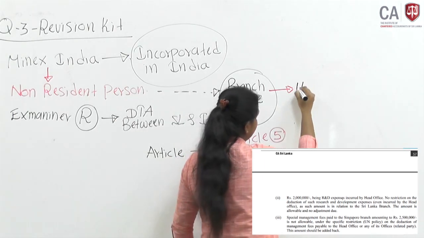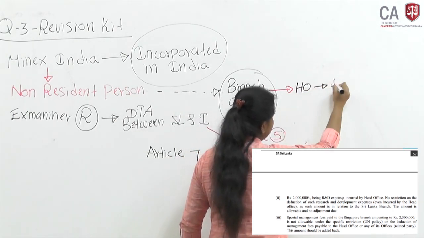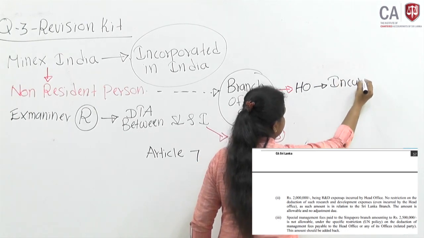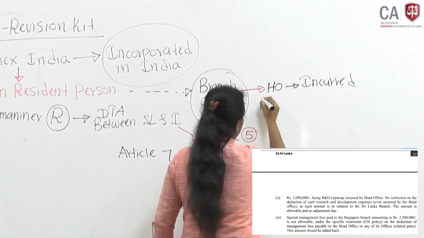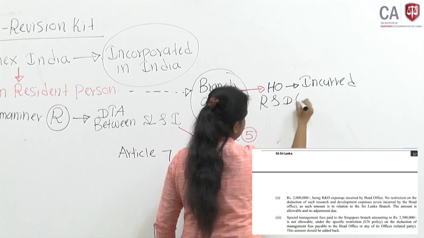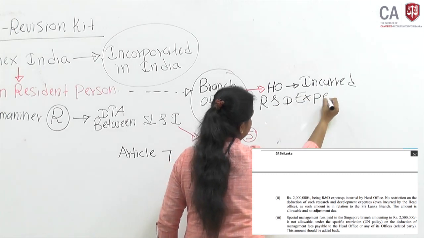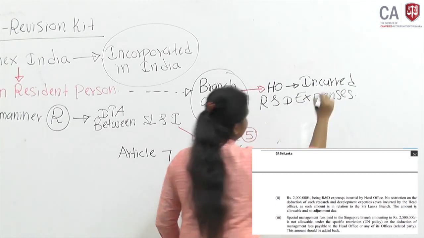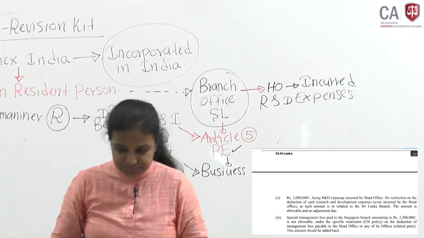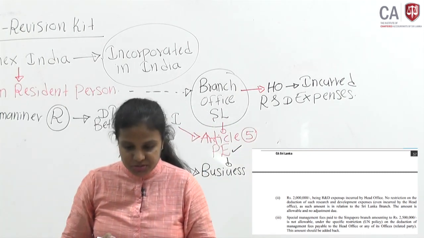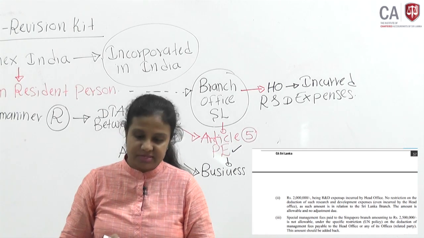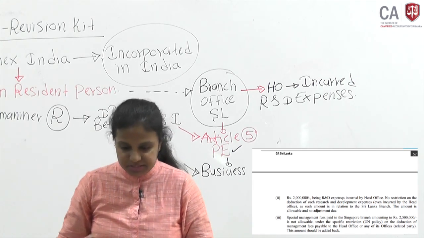Now, head office incurred R&D expenses. This is a transaction. Here, no restriction on the deduction of such research and development expenditure.